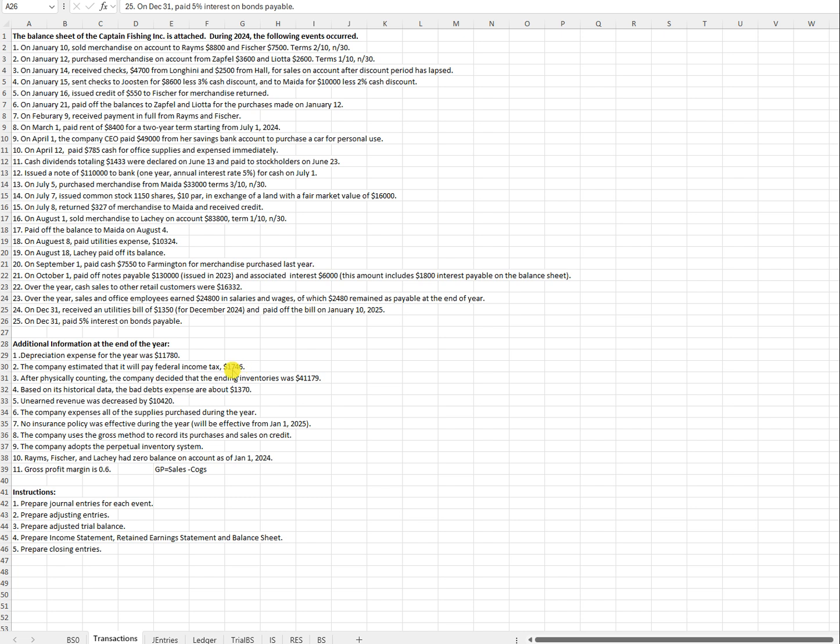That's number 2. Number 3, after physical count, the company decided the ending inventory was 41,179. So here we have a typo. The number is incorrect.